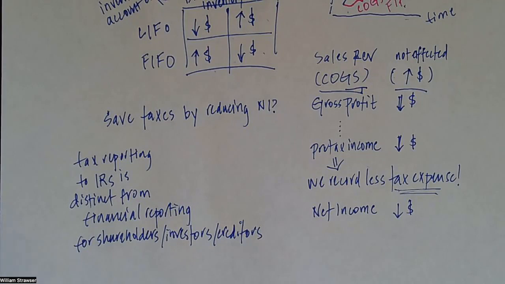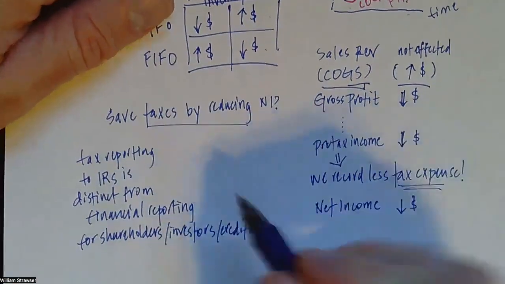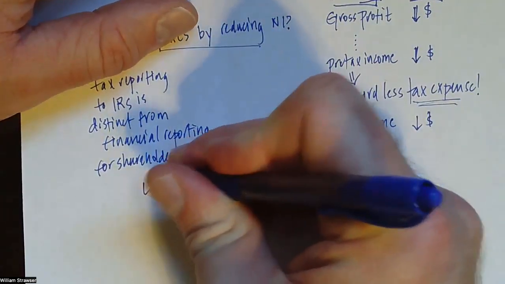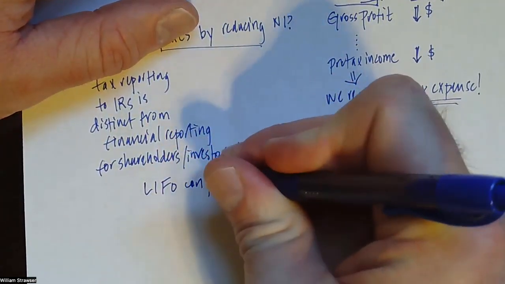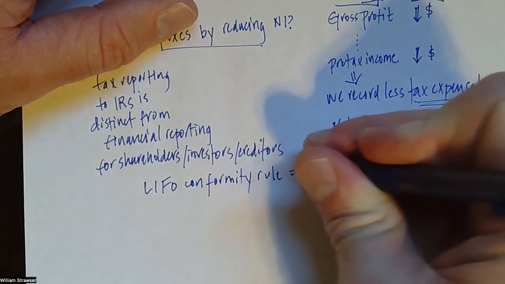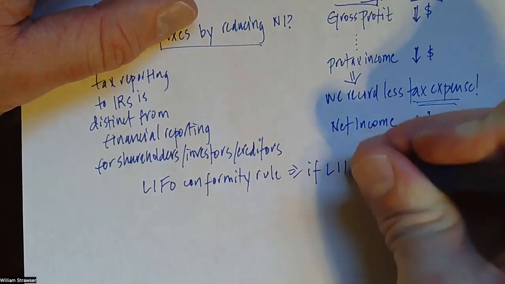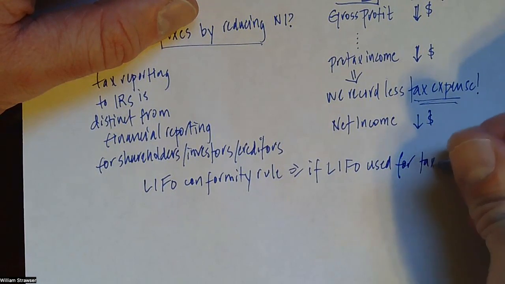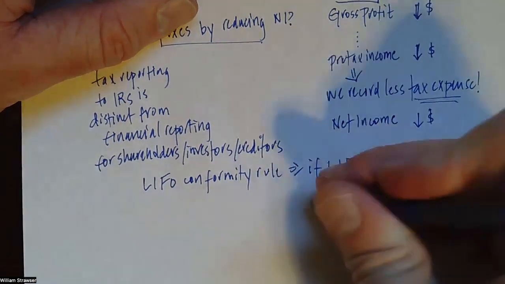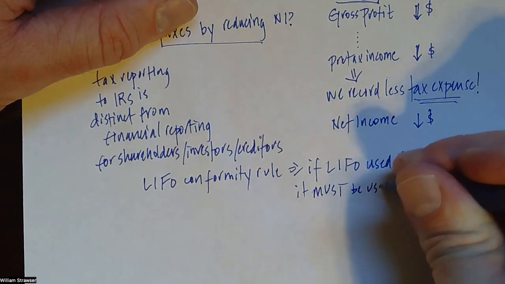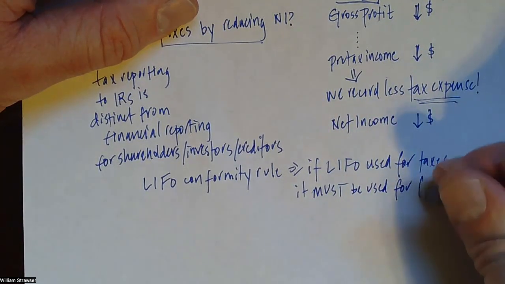And that's totally okay, except in one case. And that one case is LIFO. There's something called the LIFO conformity rule. And LIFO conformity tells me if LIFO is used for taxes, it must be used for financial reporting.